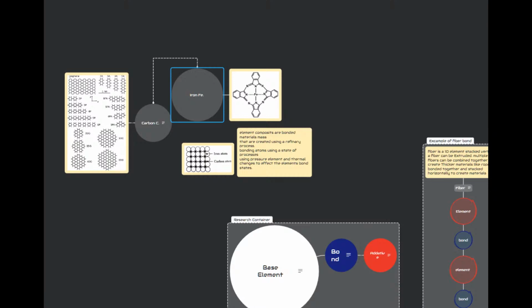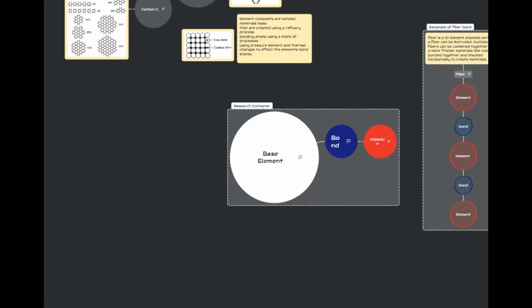Involving two atoms sharing one or more pairs of electrons that hold them together. All right. So an electron is a state of each element.